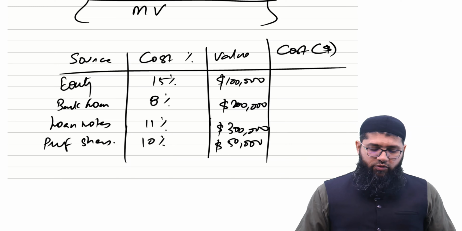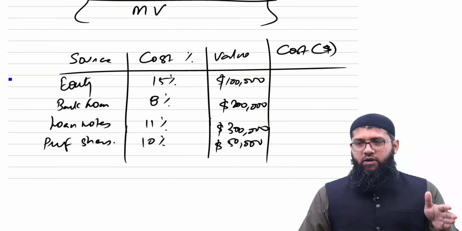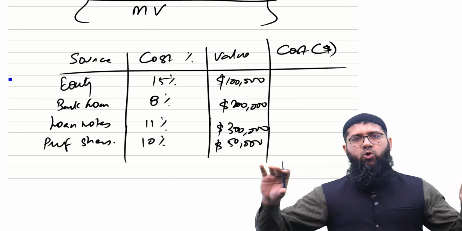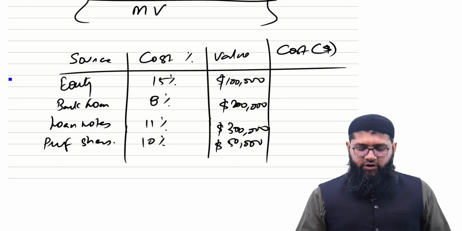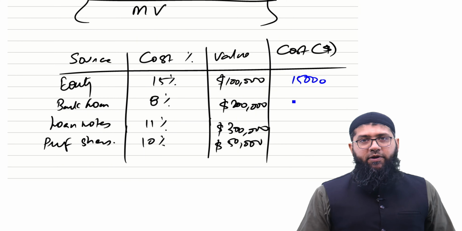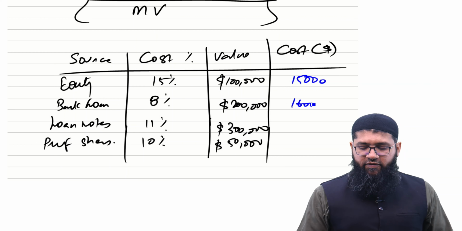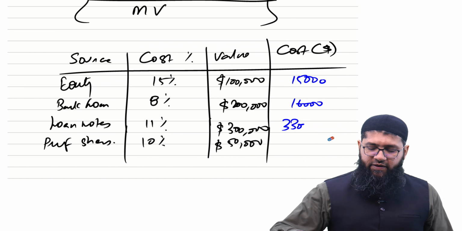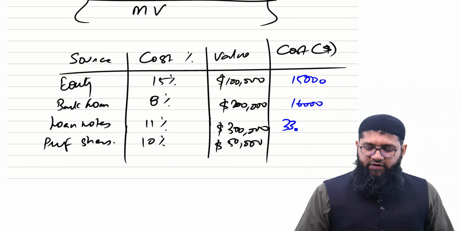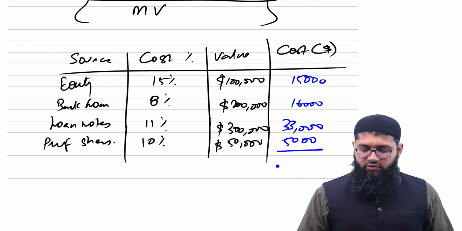So what are you going to do? You're going to make a table like this. Instead of writing down the whole long equation, this is a shortcut. 15% into 100 gives you 15,000. 8% into 200,000 gives you 16,000. 11% into 300,000 gives you 33,000. 10% into 50,000 gives you 5,000.